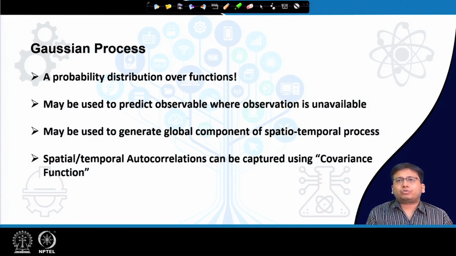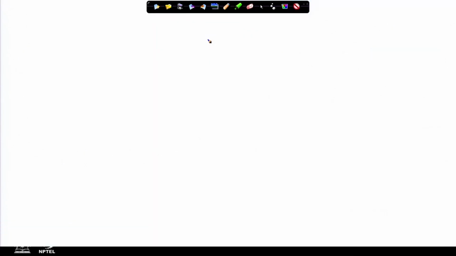What do I mean by that? I already mentioned that Gaussian process is a distribution over functions. Now, what function? Since we are dealing with spatial and temporal variables, we will focus only on spatial and temporal functions. Let us consider this kind of a temporal function over t.